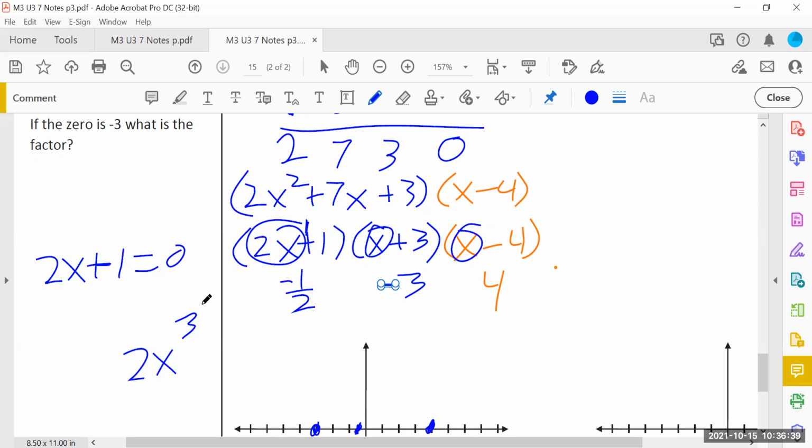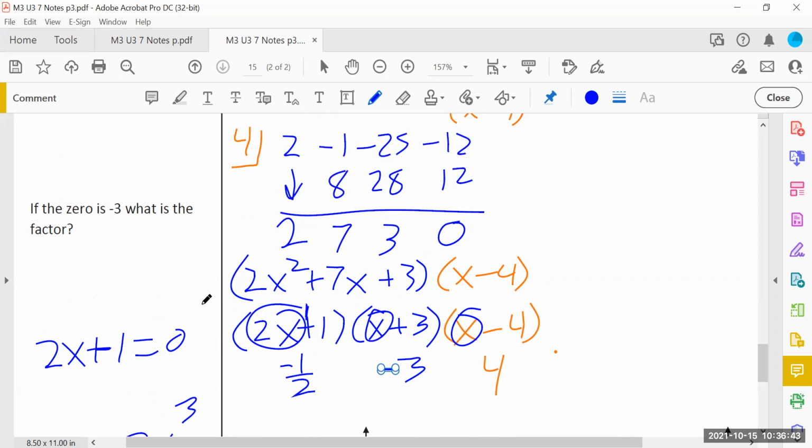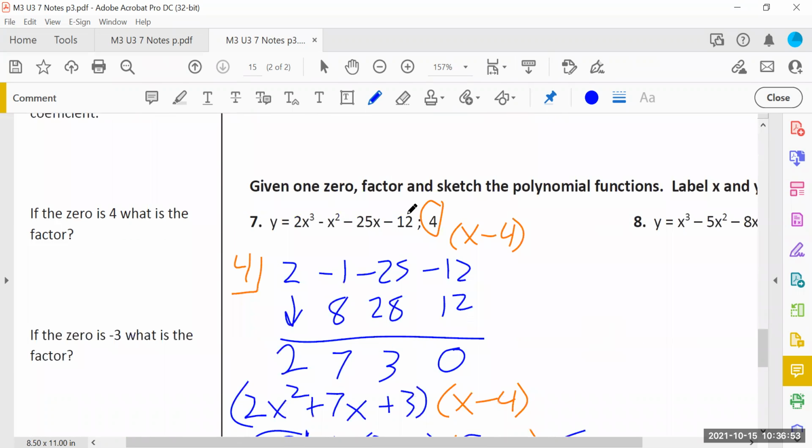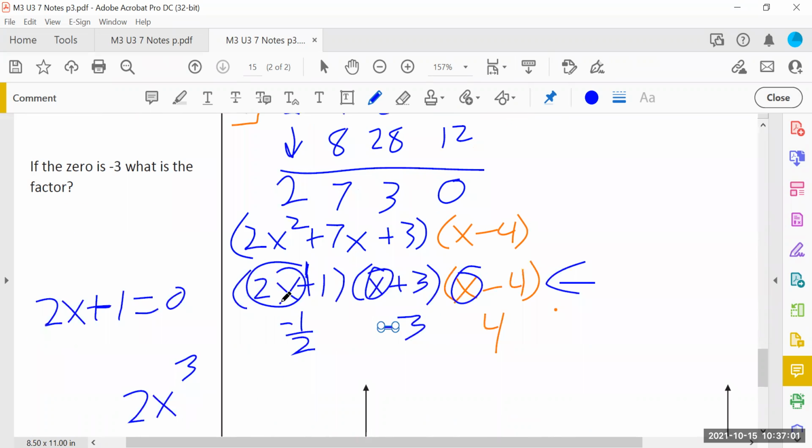Johnson, how would I find the y-intercept here? Would you do it down here at our factored form, or up at the top? Either one should work, but which one do you prefer using? The bottom one. So if we plug it in here, you've got 0 plus 1 times 0 plus 3 times 0 minus 4. 3 times negative 4.